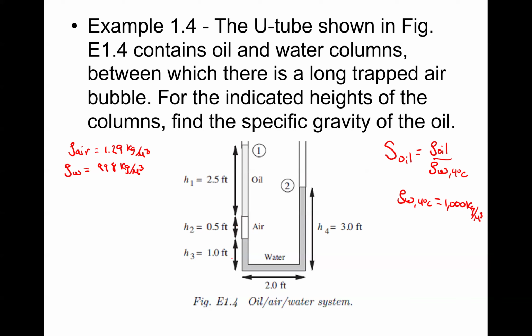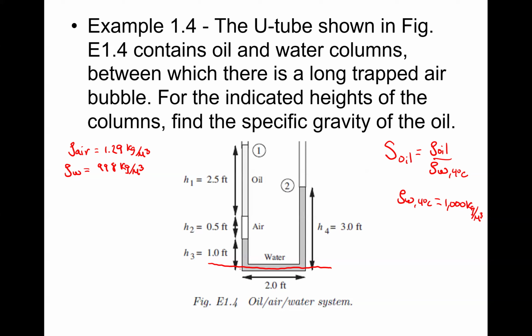And so how do you solve this problem? Well, it is important to note that in any of these problems, when you throw a horizontal line across a fluid, that horizontal line will always have the same pressure because it is basically at a certain equilibration. So this U-tube basically equilibrates so that the bottom of the tube has the same pressure on both sides.